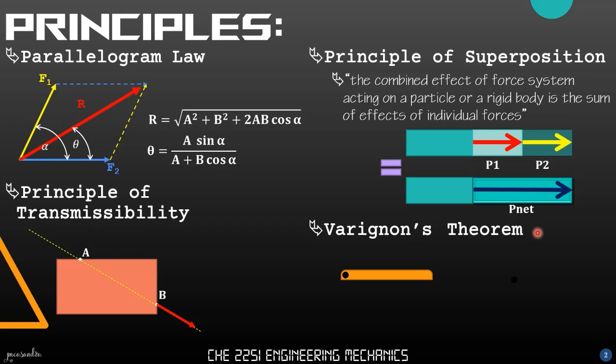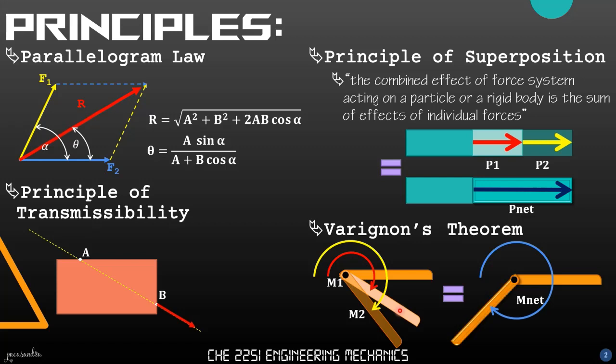If we have an object at which M1 produces a rotation and M2 will also produce a rotation, this is equivalent to an M net, which is equal to the sum of M1 and M2. If I add the rotation of M2 to M1, the total effect is this one.